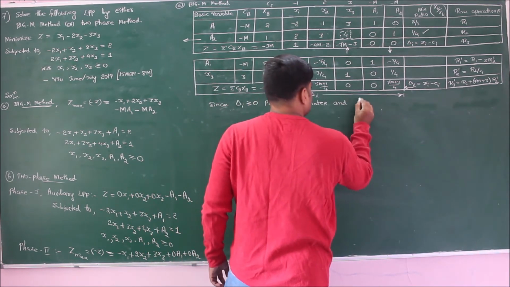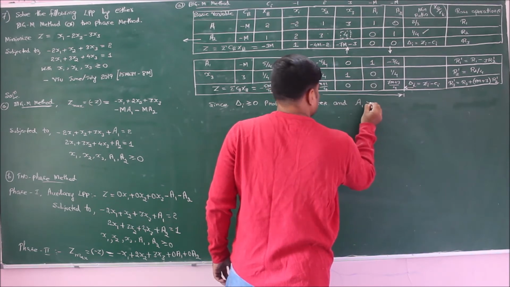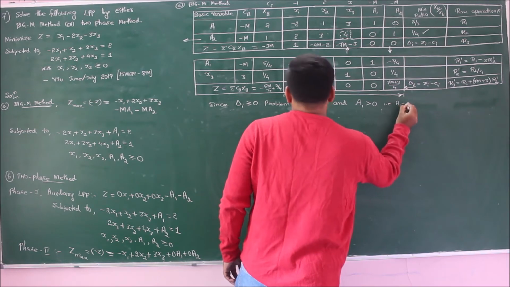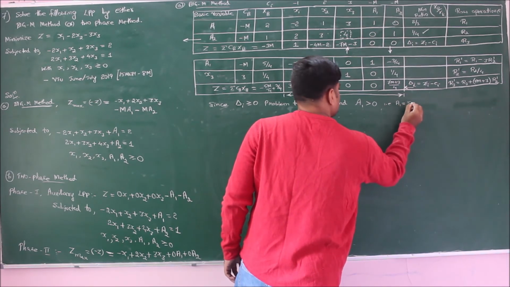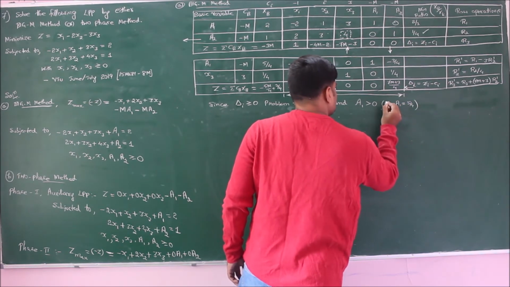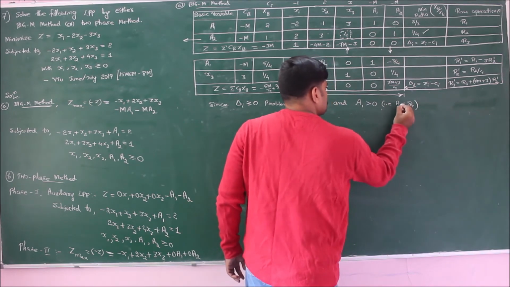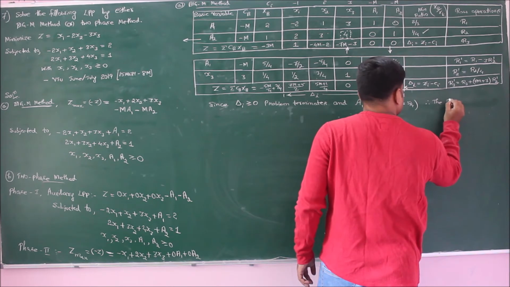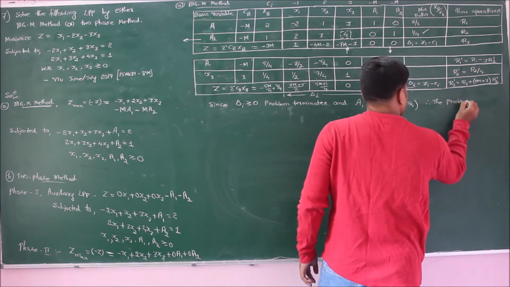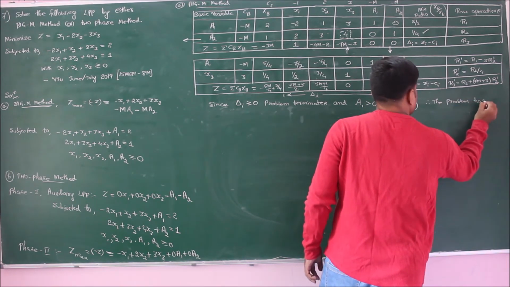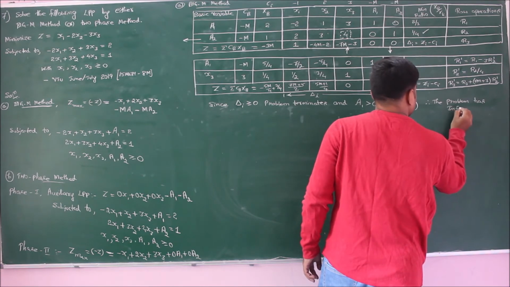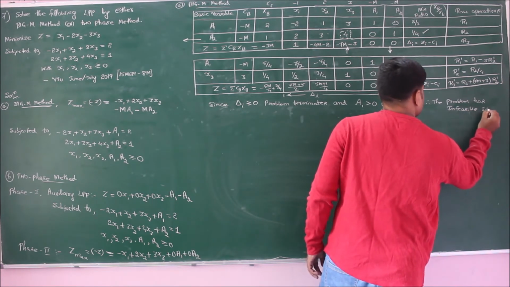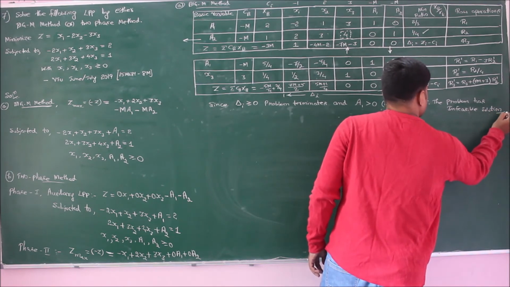And A1 is greater than 0, that is A1 is equal to 5 by 4. Therefore, the problem has infeasible solution.